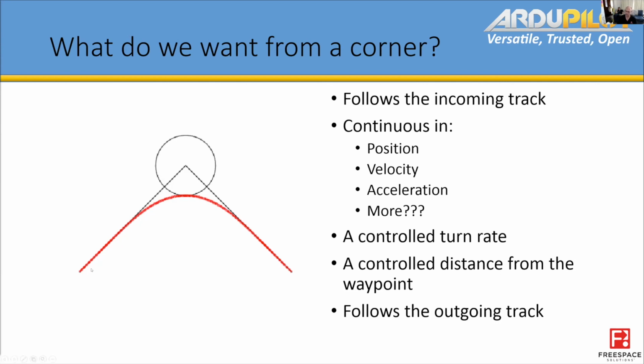The other thing is, if we've got these different corners, we need to slow down for a corner. We don't want to slow down too much. We want an optimal corner. So we need to slow down to a point where we can go around the corner, meet all our requirements, and then accelerate out again. Ideally, if we want to make a coordinated turn, we'd like to have a direct output of our turn rate at any given time. We'd like to know what our maximum turn rate is.